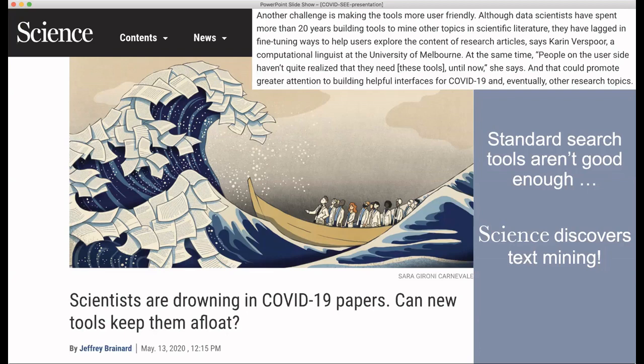Obviously people aren't using them because they're not exactly what they need. And so that got me thinking about what we might be able to do in order to bring the text mining more effectively to users and create an environment where they could engage more deeply with what's now a growing and large body of literature.